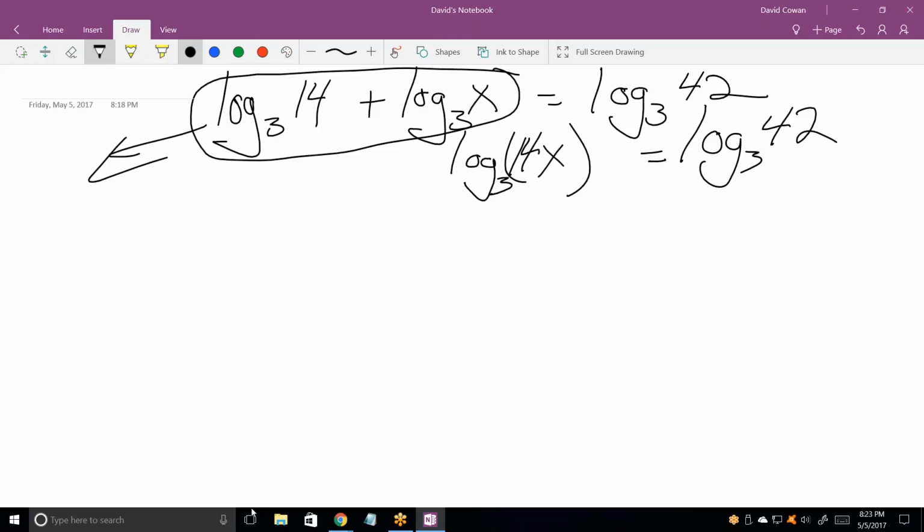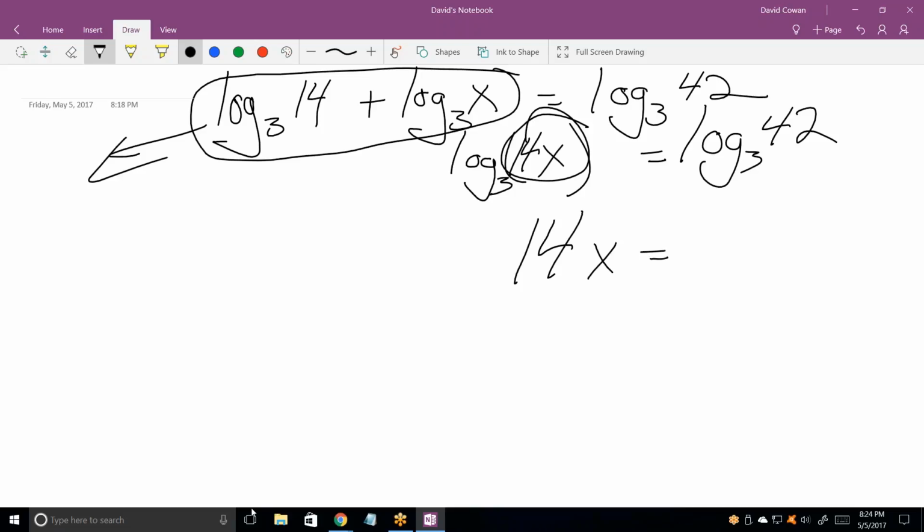Now notice that I have the log base 3 of 14x equals the log base 3 of 42. Well, what can you say from that information? Well, I don't know what I can say. You can equate the arguments.